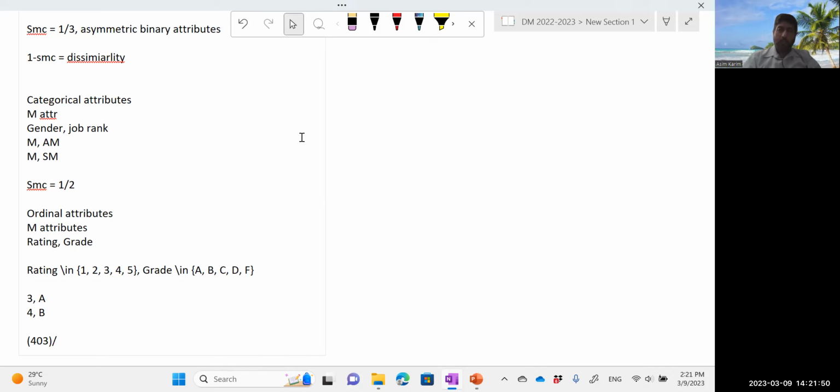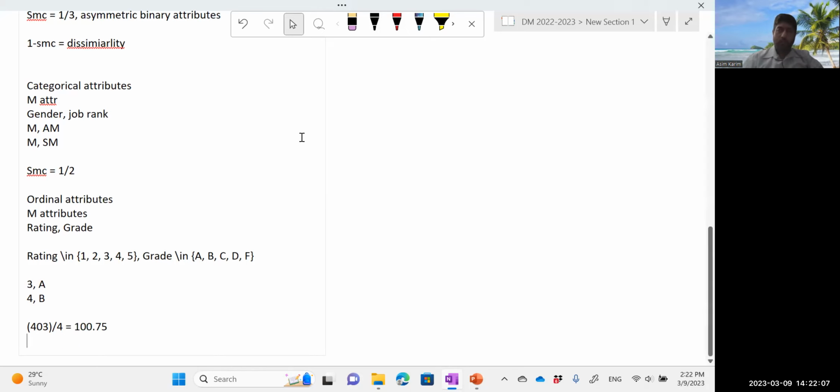So one value could be 5, another could be 1, so the maximum difference is 4. So obviously the maximum difference can be 4, so we divide by 4 to normalize it. Okay. 4 minus 3 divided by 4, so that's 1 over 4, 0.25. This is for the first attribute.